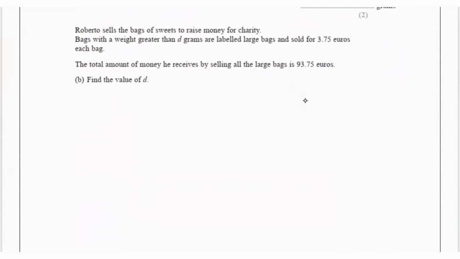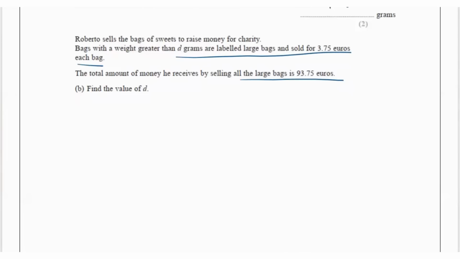Then Roberto sells the bags of sweets to raise money for charity. Bags with a weight greater than d grams are labeled large bags and sold for 3.75 euros each bag. The total amount of money received by selling all the large bags is 93.75 euros. Find the value of d. So if each bag is sold for 3.75 euros and the total amount he's receiving is 93.75, let's find the number of bags first.